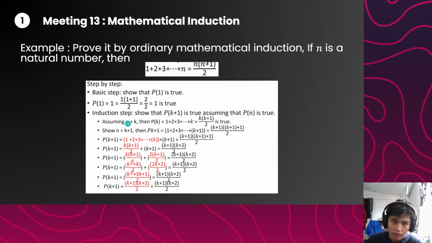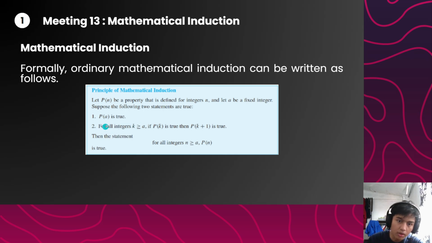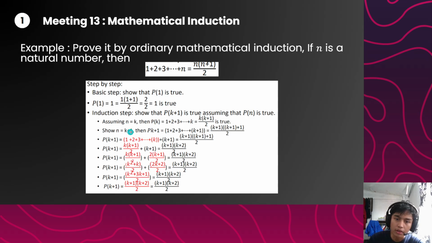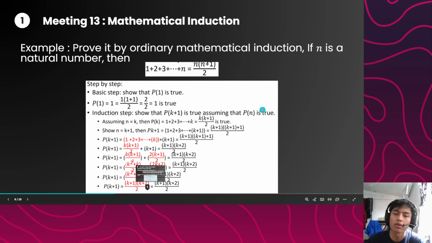The induction step is statement number 2 right here. We substitute k plus 1 into the formula, and we will get the answer, which is k plus 1 times k plus 2 over 2.